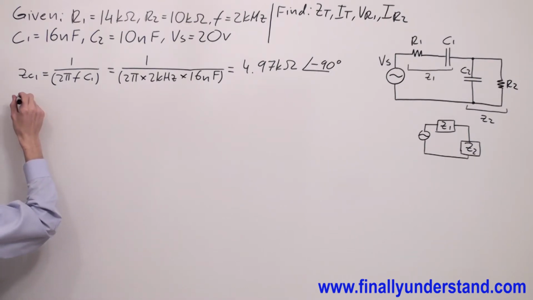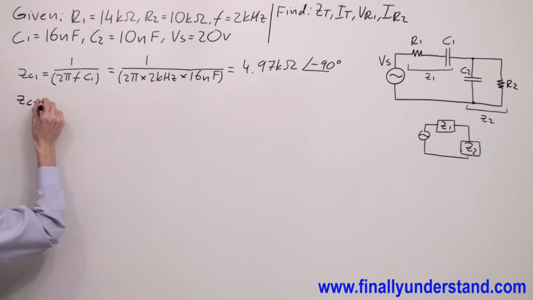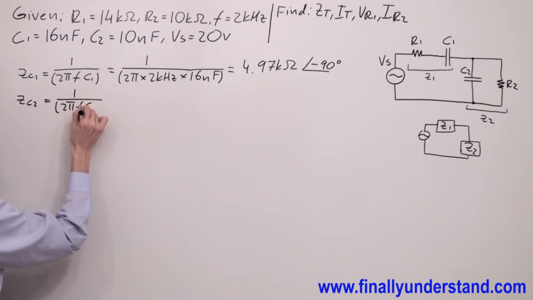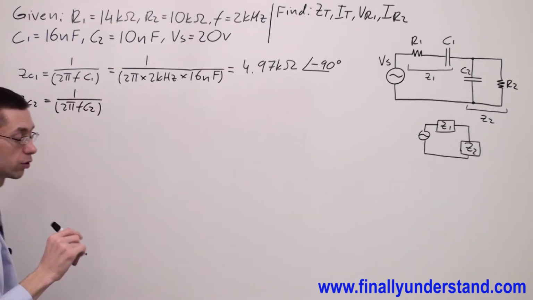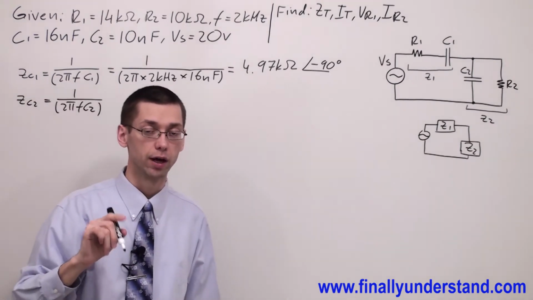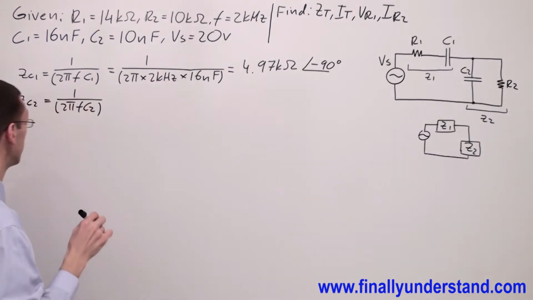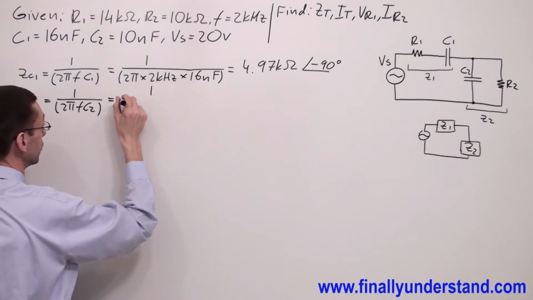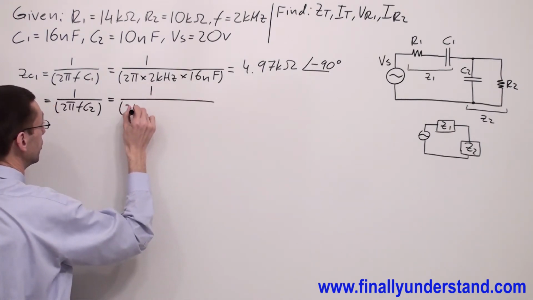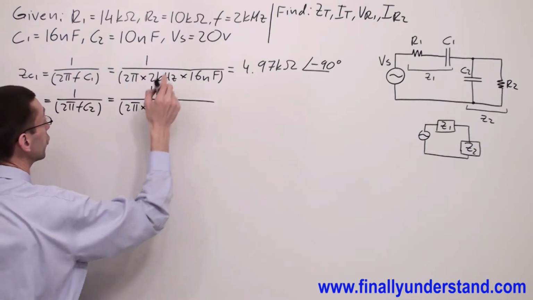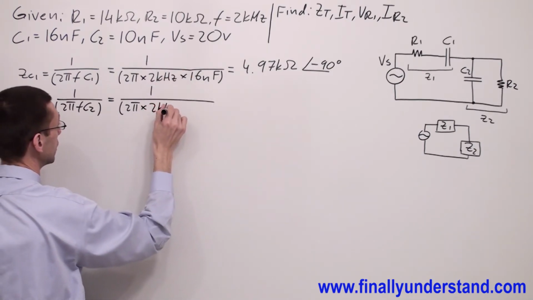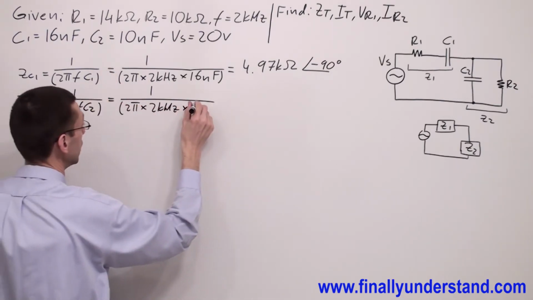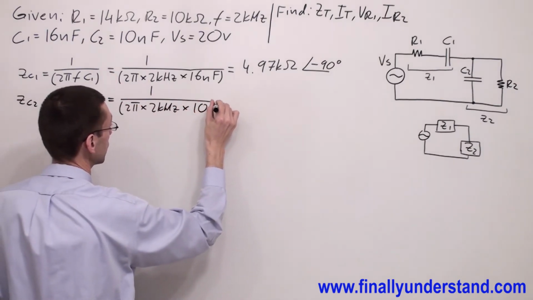Next, we're supposed to find the impedance of capacitor C2. 1 over 2 pi FC2. Please notice that I always write the formula first. I want you to always write the formula first because this is the only way to remember the formulas. So I have 1 over, open parenthesis, 2 pi times frequency, which is equal to 2 kilohertz, times the capacitor C2, which is equal to 10 nanofarads.